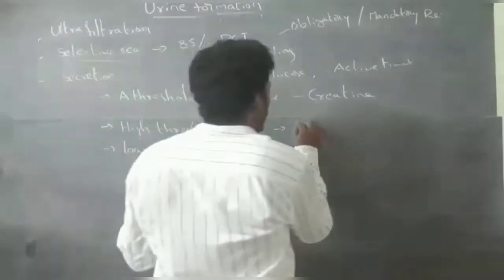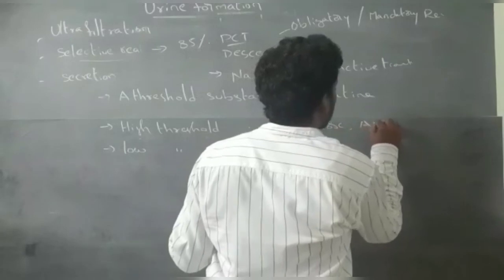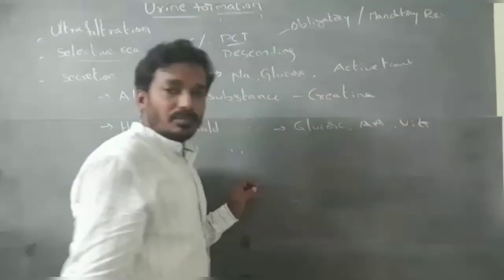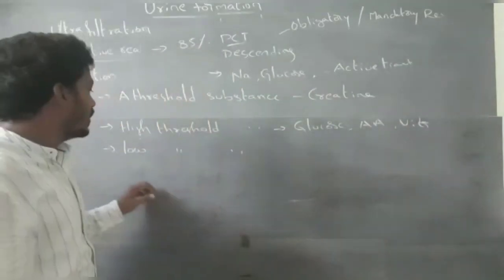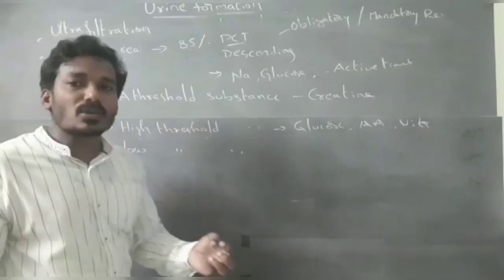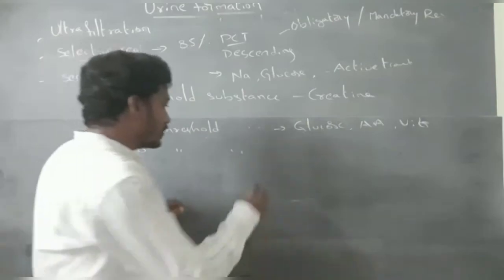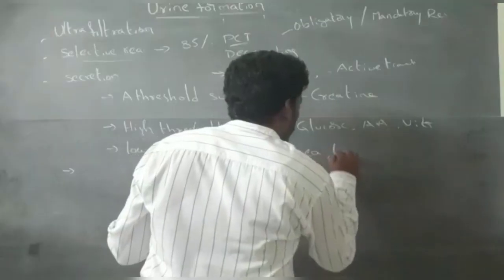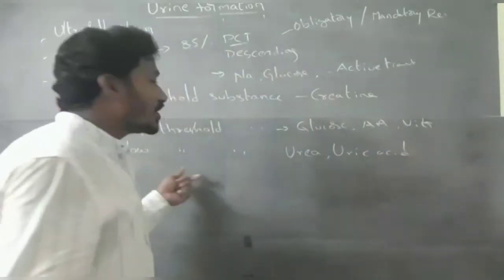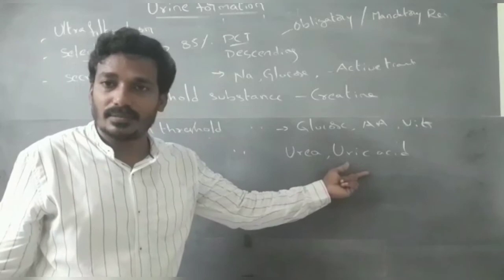These are glucose, amino acids, vitamins and minerals, etc. Next, low threshold substances are required in low quantity. These are urea and uric acid.